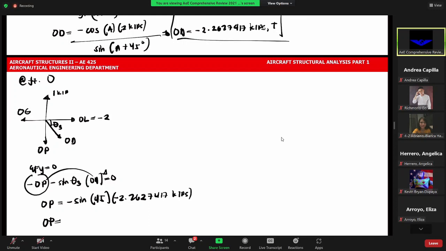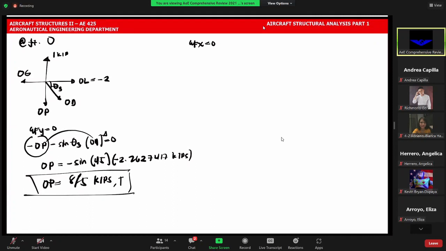So OP is equal to 8 over 5. Sa iba, 1.6. Okay, 8 over 5. Okay, so wala naman nang nag-contra. So OP is 8 over 5. Summation forces X is equal to 0. No? Negative OG plus OL.